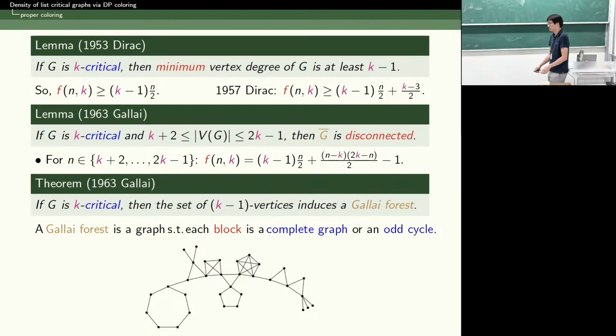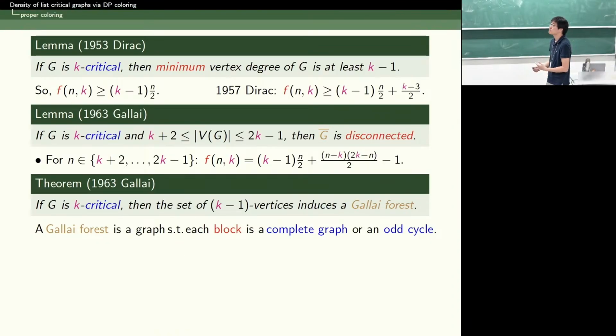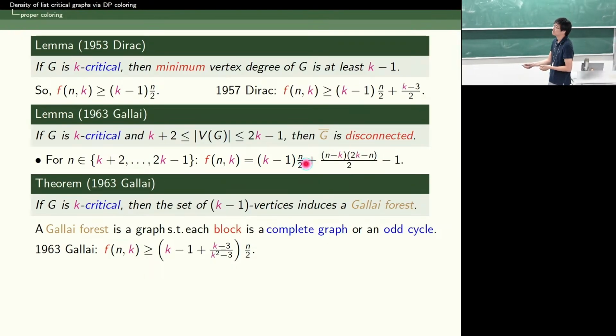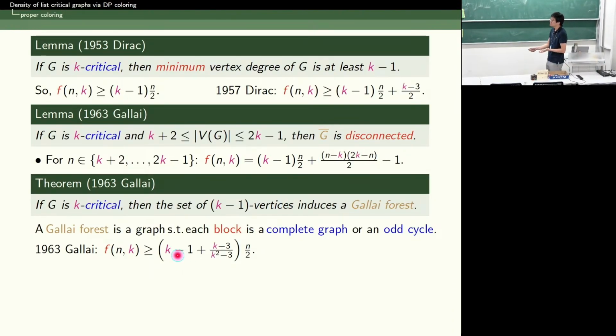It basically looks like a tree where if you look at the blocks, which are maximal two-connected subgraphs, then either they're an odd cycle or they're a complete graph. So the catch is we know the structure of these minimum degree vertices. And from this, you should be able to calculate some densities. Right? So Gallai actually proved this. Using this, he actually improved the coefficient on n. The coefficient of n over 2 used to be k minus 1, but now he said k minus 1 plus something that is asymptotically 1 over k.